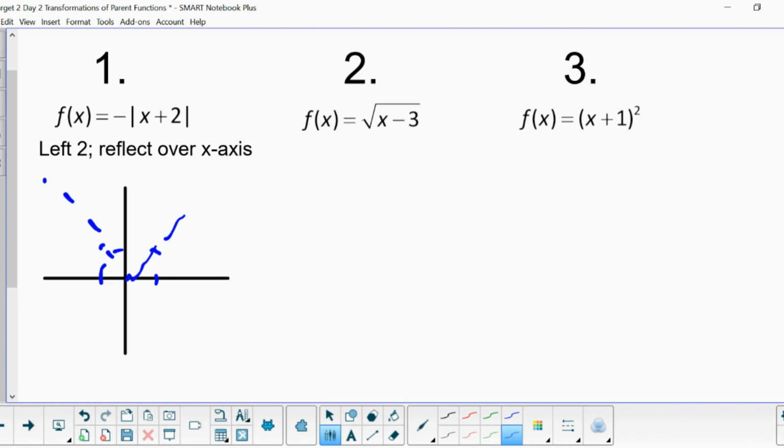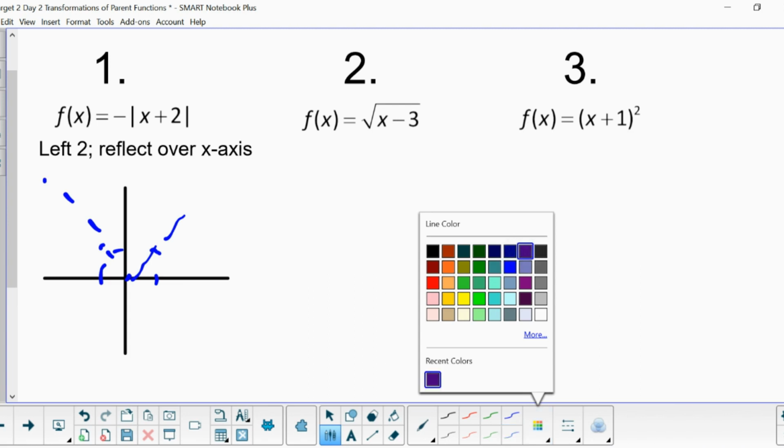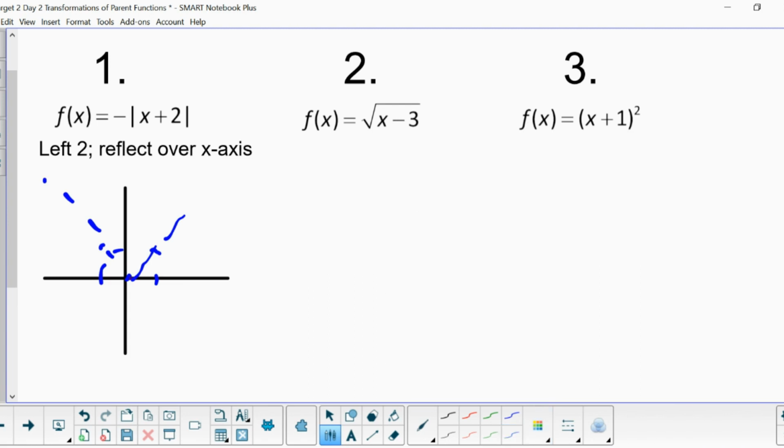We're going to flip it upside down and move it to the left 2. So flip it upside down and then left 2. You're going to have a point here, and then one at -3, -1, and one at -1, -1. So this would be the new graph.